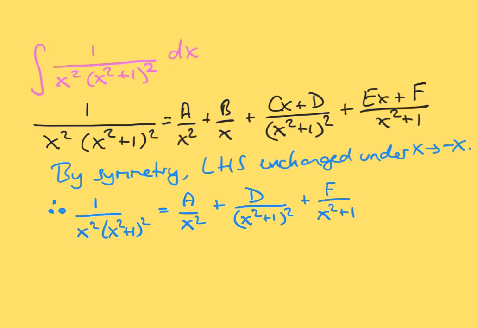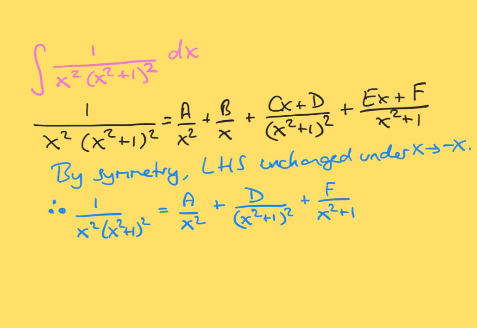So there are actually only 3 unknown constants for us to calculate. And in principle, f could be 0, but it might not. I haven't actually taken the trouble of working out what it is. But by symmetry, we can say that the other terms must vanish.